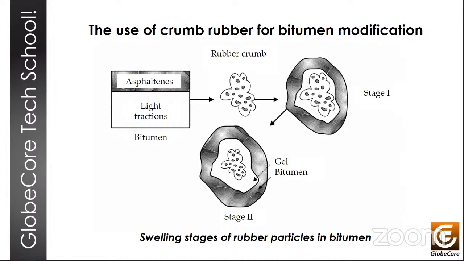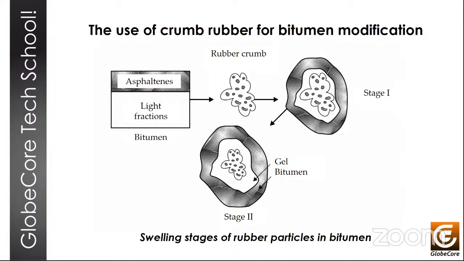The traditional technology for obtaining a homogeneous RBB, rubber bitumen binder, provides for mechanically or physically mixing rubber crumb in the amount of from 5 to 30% by weight with bitumen, tar, recycled asphalt, or any mixture thereof. And this process occurs at about 150 to 250 degrees centigrade for a certain time that ranges from 30 minutes all the way to 24 hours, in the presence of surfactants or plasticizer.